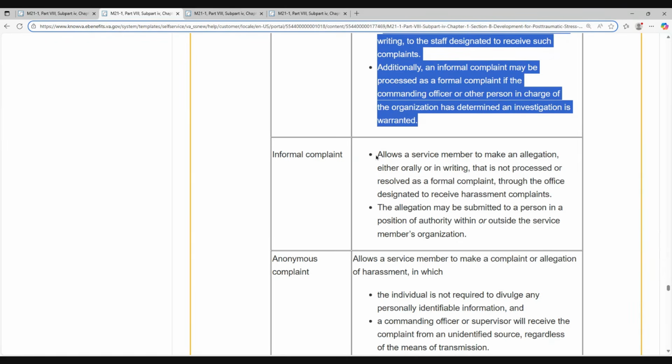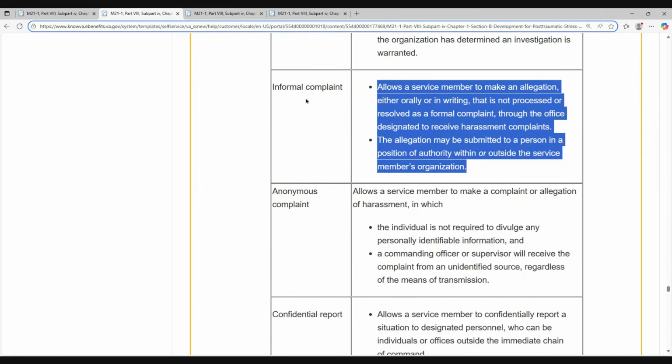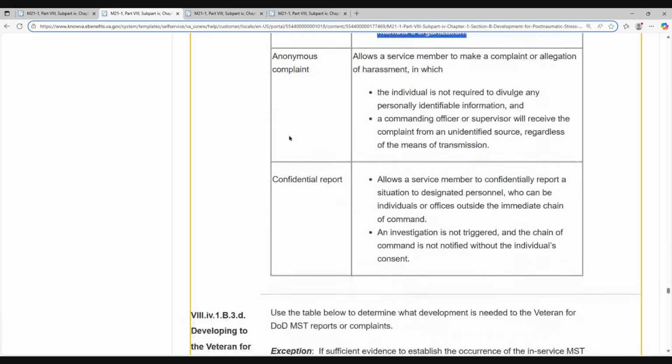But if you are a service member in a qualifying non-military organization that also receives VA benefits, they might have a different form of complaint system. If that's the case for you, you might need to help the VA along in understanding how your system works. I'm sure there are special SOPs for that, but I just want to make mention of it. I will talk about the other agencies in a different video.